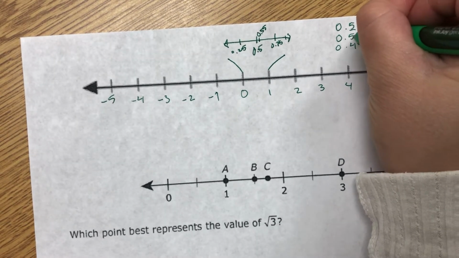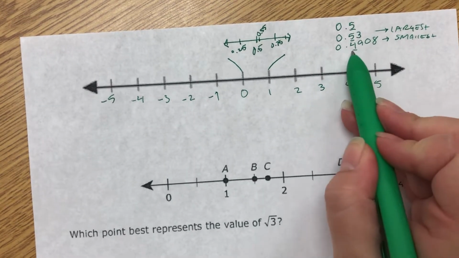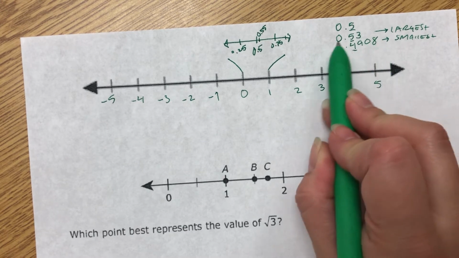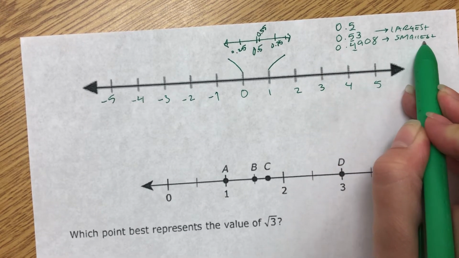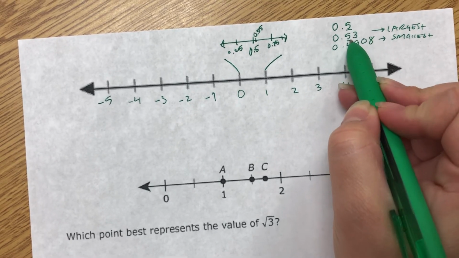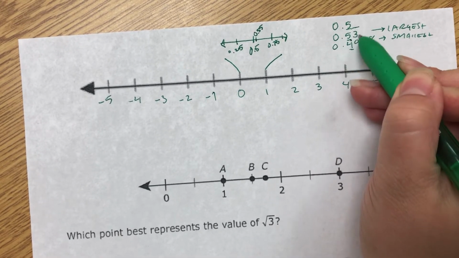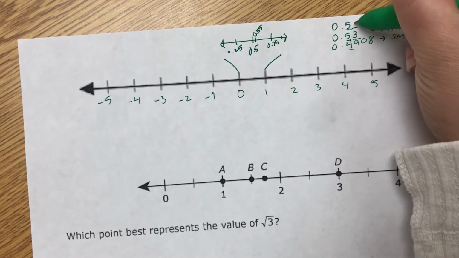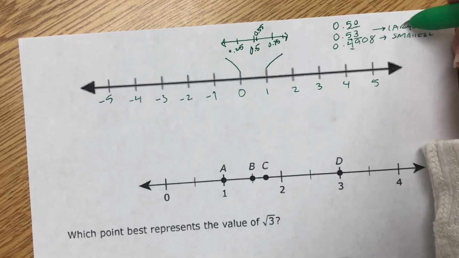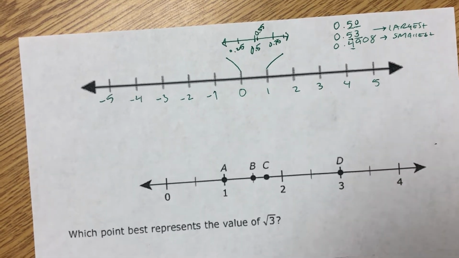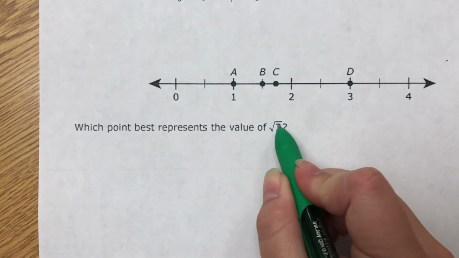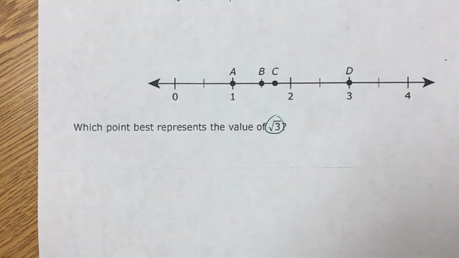We look by the first decimal point, and that is the smallest number. And so that is how I know that this whole number right here is the smallest. And then if my first decimal place is tied, I look at the second decimal place, which that one technically has a 0 and that has a 3, which is how I know that that one is the largest, okay?